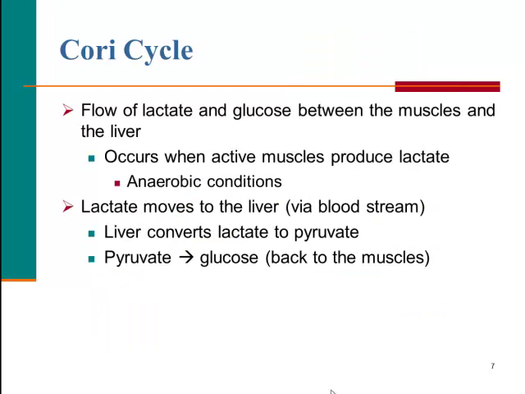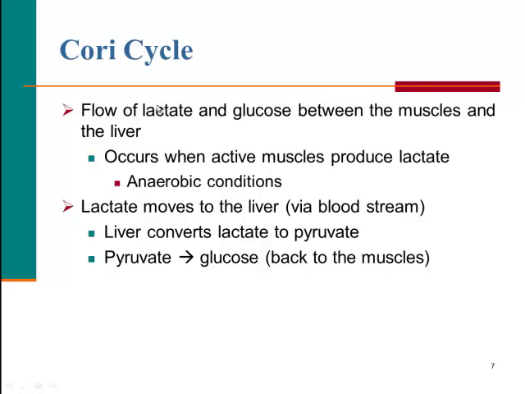So there's a cycle that's referred to as the Cori cycle, whereby your body will deal with the excessive production of lactate from the metabolism of glucose. So remember that glucose is broken down to pyruvate, and then in the muscles, when oxygen is in inadequate supply, the muscle cells will use the pyruvate to make lactate.